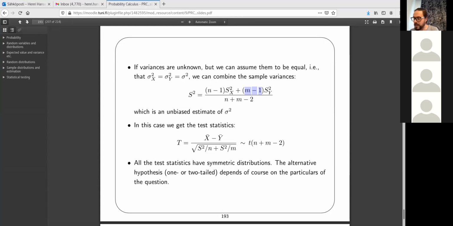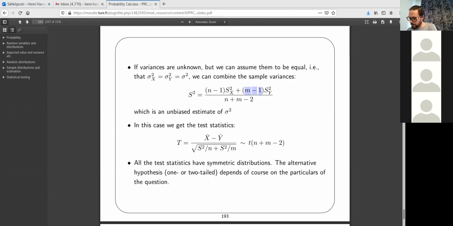Firstly, we notice that S of x is basically the sum of i ranges from 1 to n of (x bar minus x i) squared, times 1 over n minus 1. So we have S of x squared defined like this. This is the sample variance of x.